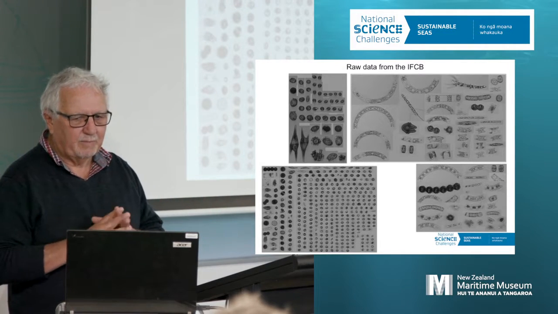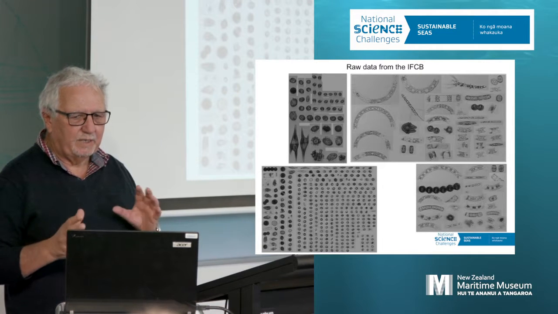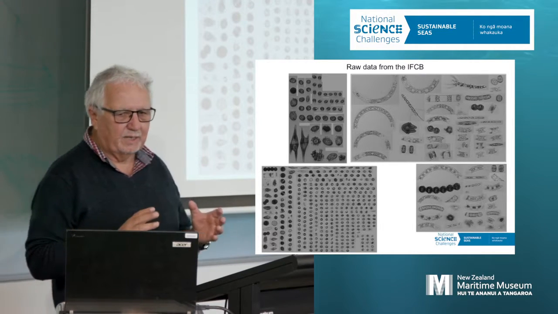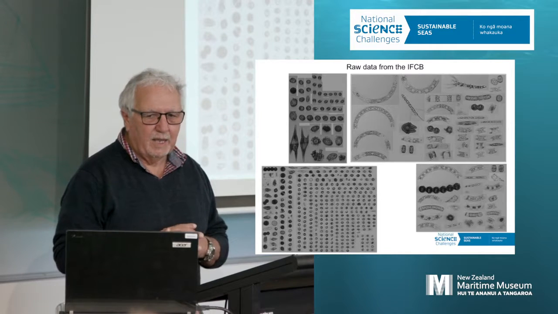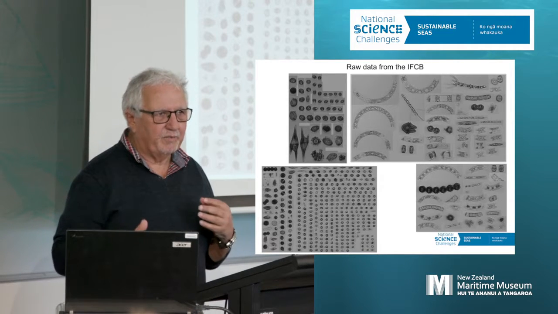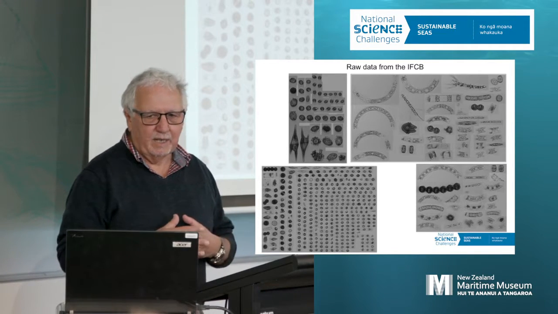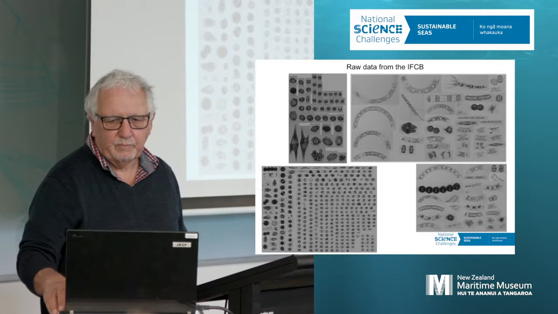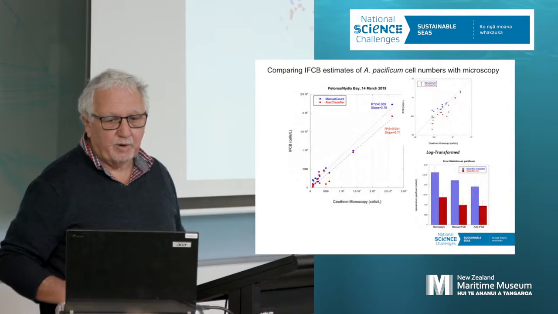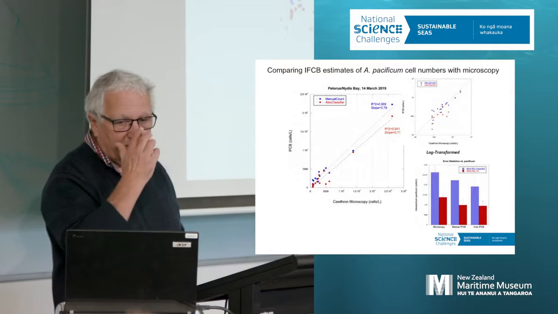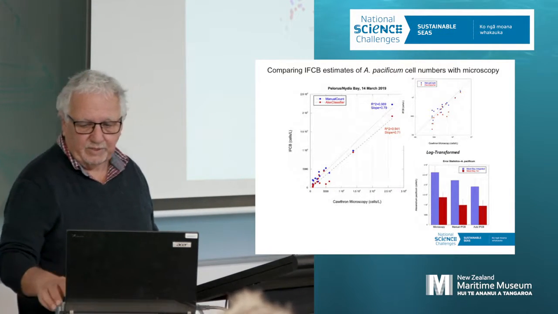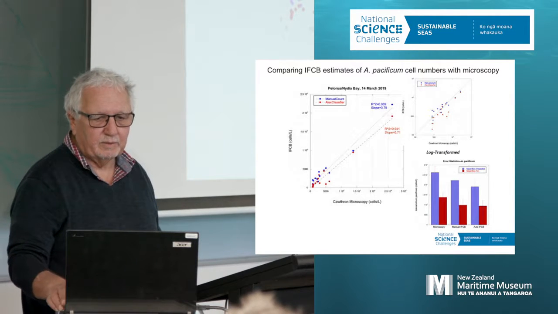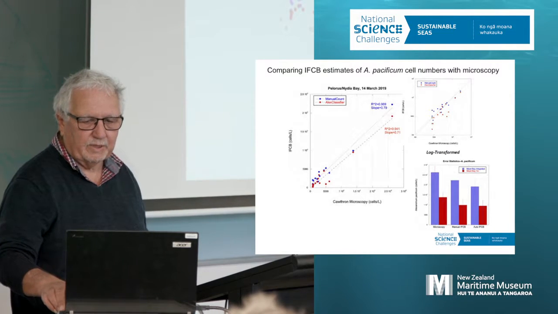And as I mentioned before, it seems to be the interactions between different elements of the plankton that really are determining the longevity of the bloom, their intensity, and their duration. And so this is work still in progress. There's good comparison between the conventional microscopy estimates and estimates we get from the instrument.